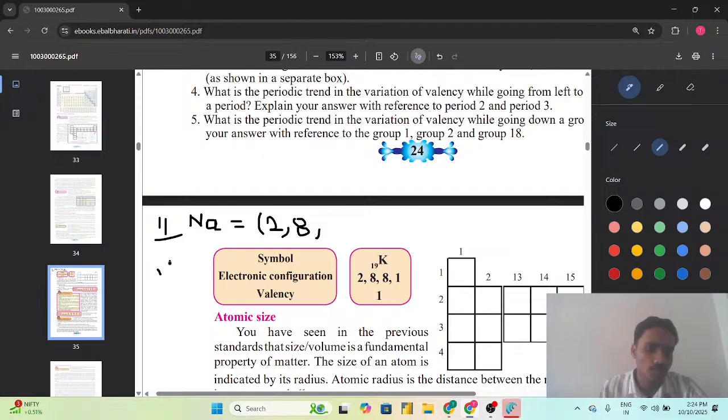So 10 electrons I have placed. Here the octet is complete with 8 electrons, but the 1 electron which is remaining is the valence electron. So the 1 electron will be at the valence shell. This will be the electronic configuration for the sodium metal.